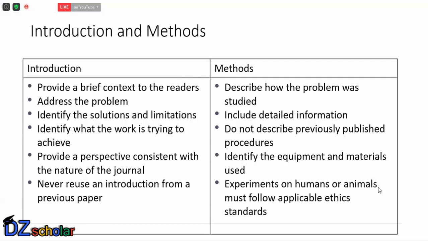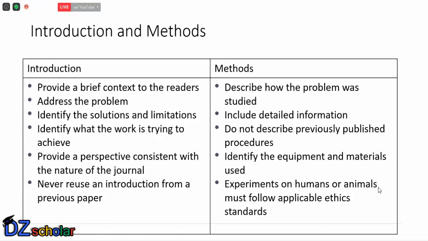And a note on ethics committees: if your work involves experiments on humans or animals, it must follow applicable ethical standards, such as the most recent version of the Helsinki Declaration or any relevant local, national, and international animal experimentation guidelines.